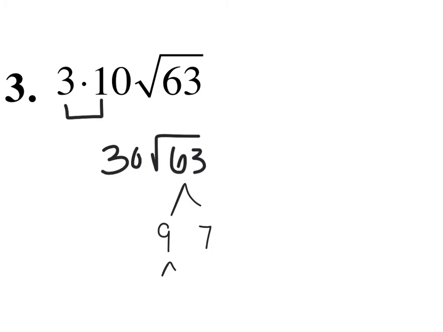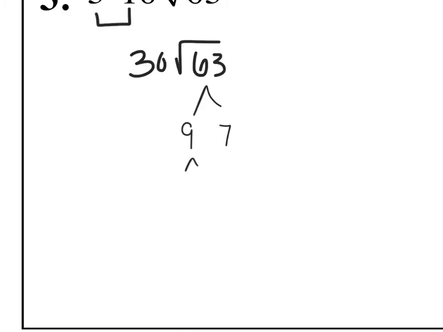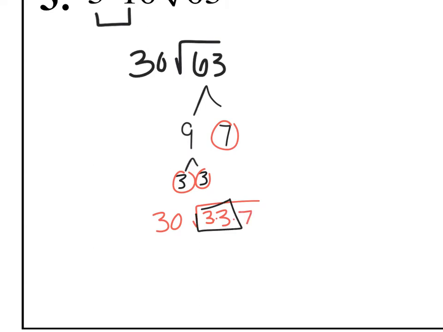Break apart the 9 into 3 and 3. And again, we circle our primes. So what I really want to do is 30, radical, 2 3s, and a 7. Double on the inside, single on the outside. So I'm doing 3 times 30, which is 90 radical 7. And that's your final answer.